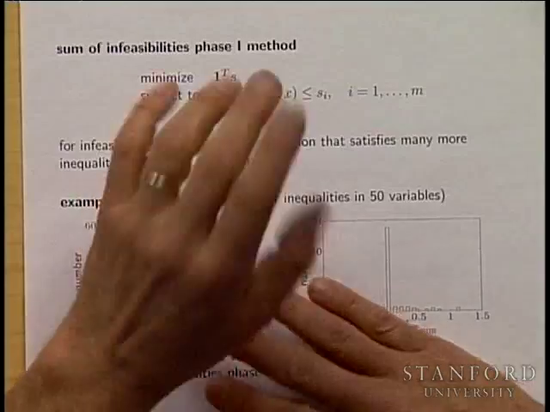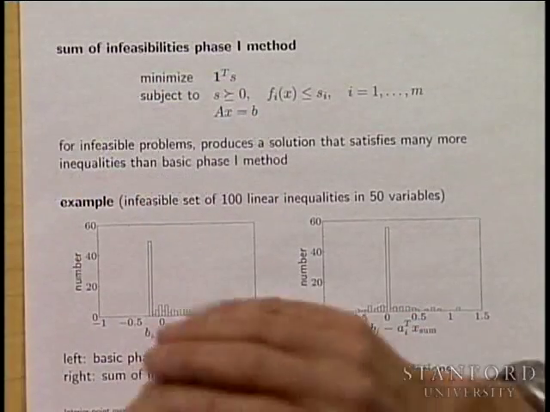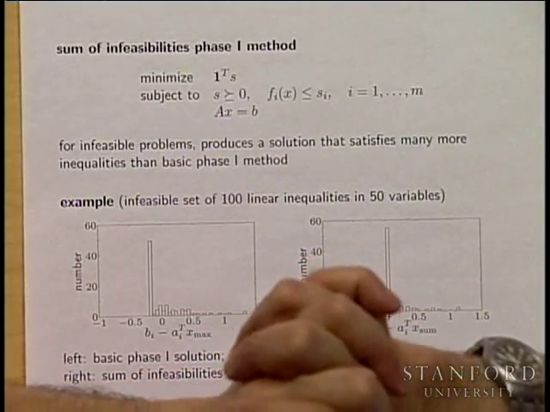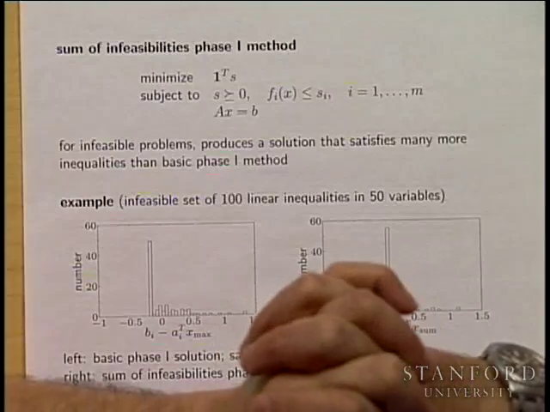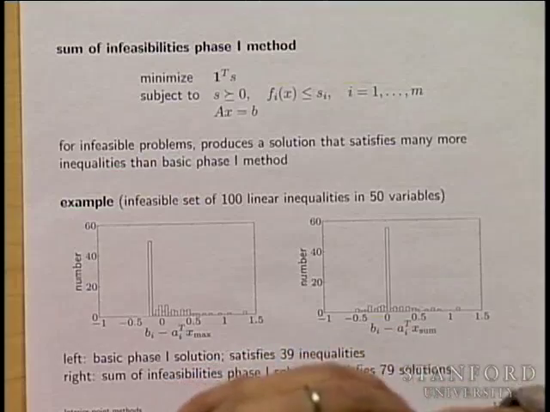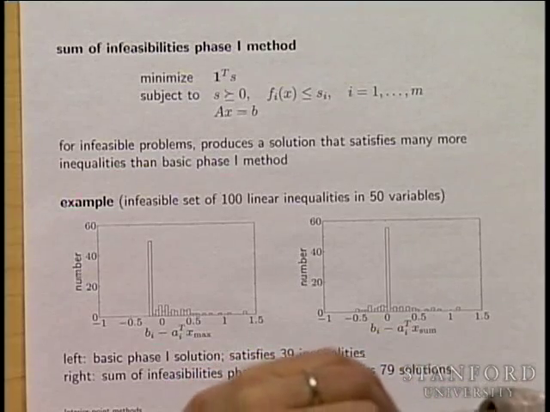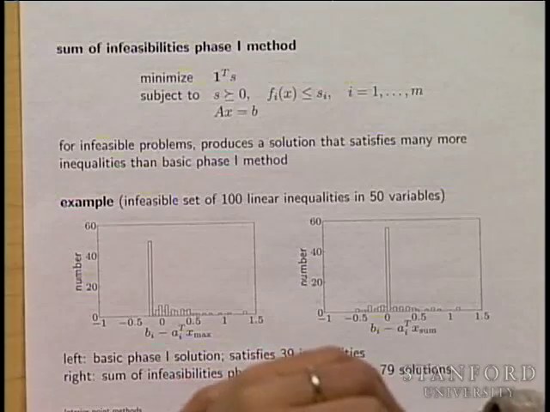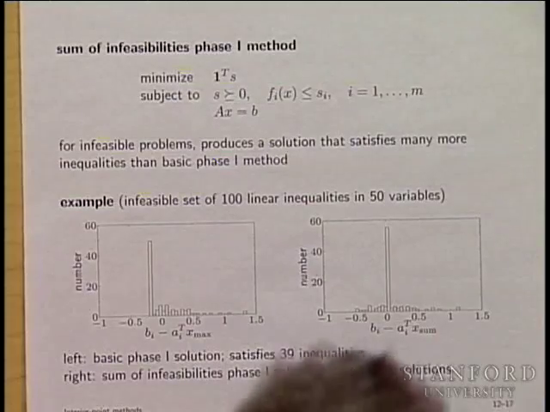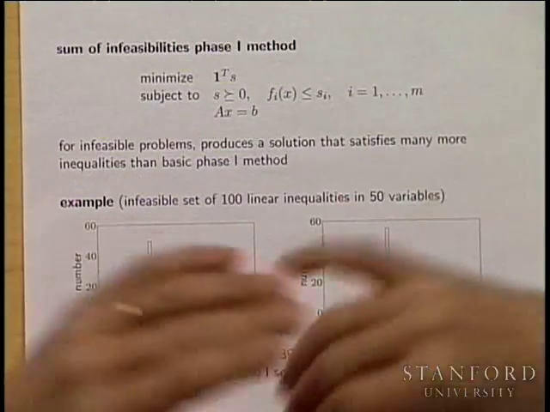Now, already you should have a feeling for what's going to happen when this is infeasible. This is a heuristic for solving the problem: please find me a point that violates as few of the inequalities as possible. That's how the support vector machine works. That's how all these things work.